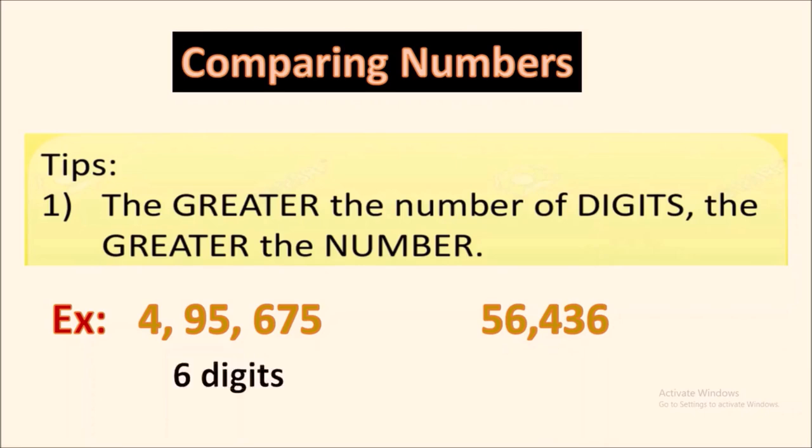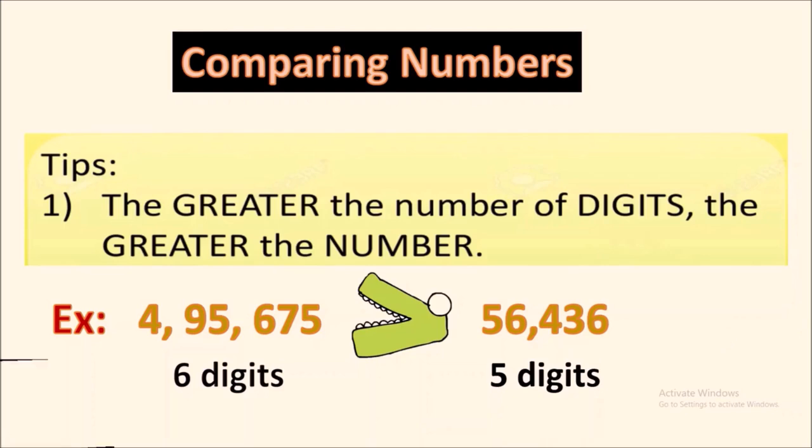So here this is a 6-digit number and this is a 5-digit number. So the greater the number of digits, the greater the number. So our greater number will be 4,95,675. So our crocodile will be eating the greater number. So this is so easy to compare when the number of digits are different. So let's go for the tip number 2.